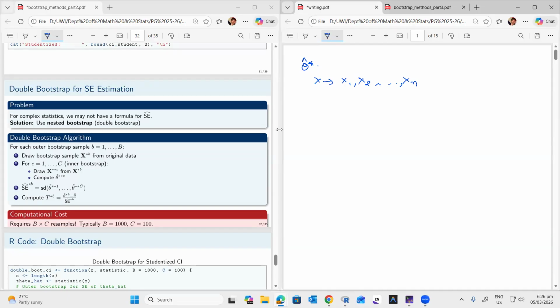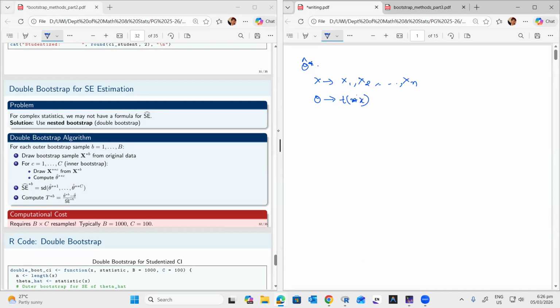Theta is our parameter under study, and we estimate it by T(x).